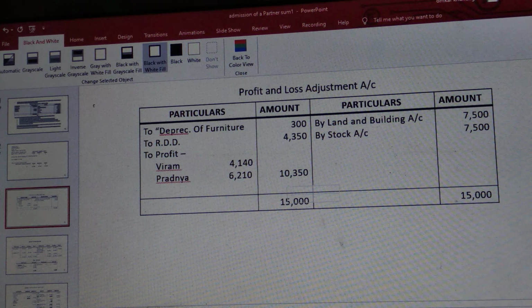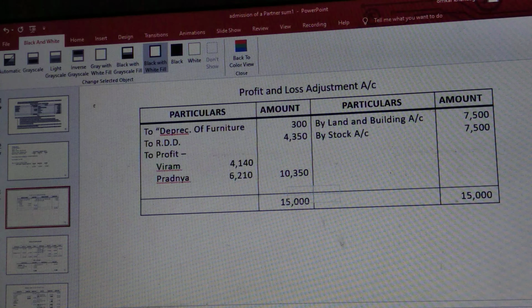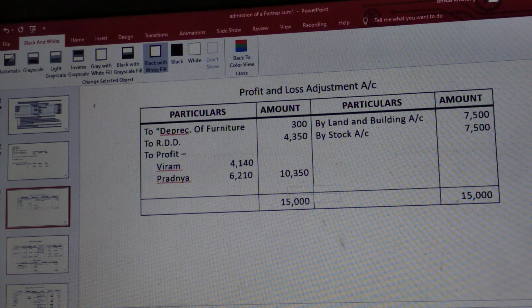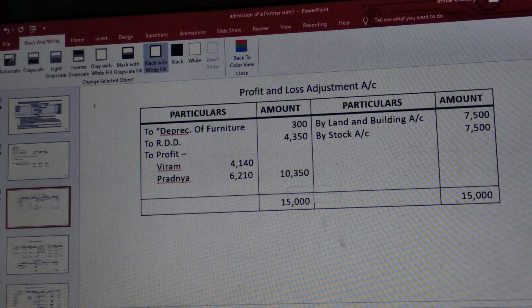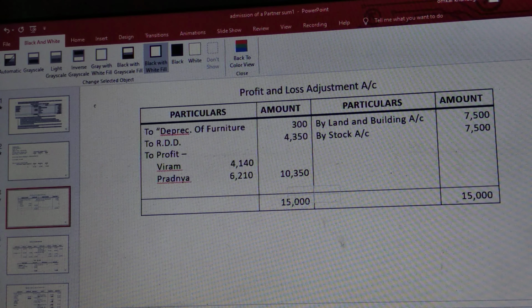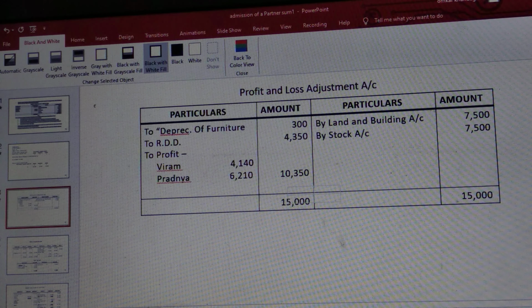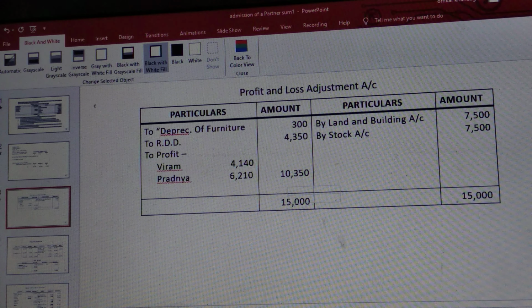Now see, next, what account are we going to make? We are going to make the profit and loss adjustment account. Now they had said there will be appreciation in the land and building by 7,500, and there will be depreciation in the value of furniture by 10%. So whatever depreciation on assets will be written on the debit side and appreciation on assets will be written on the credit side.